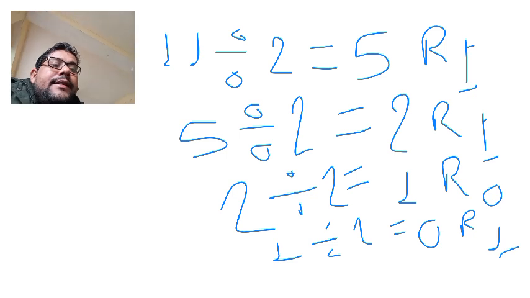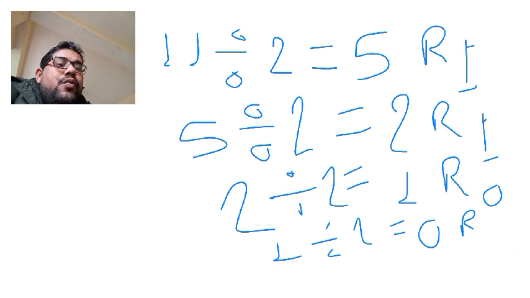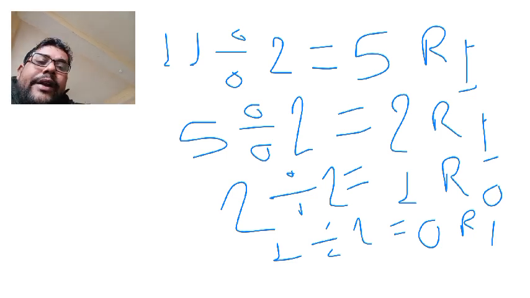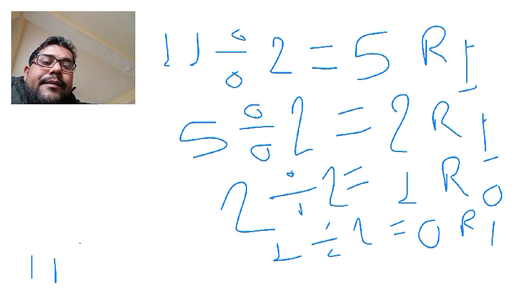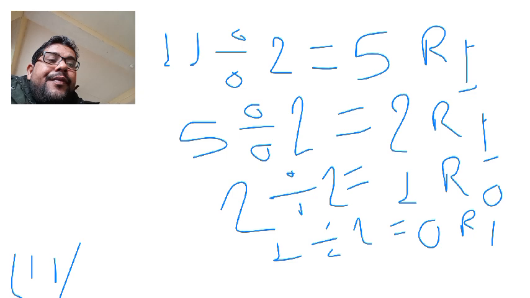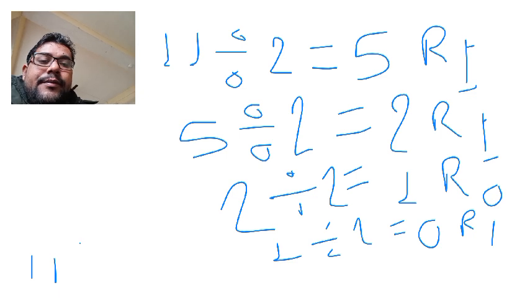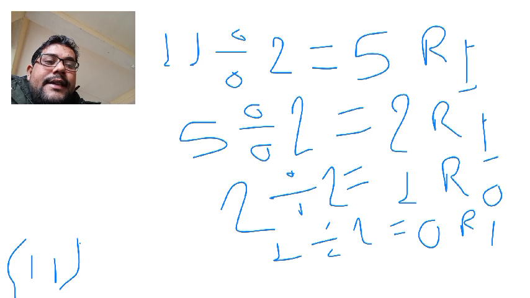So we can write this equation. The remainder is 1, and this is the decimal number that converts to binary.